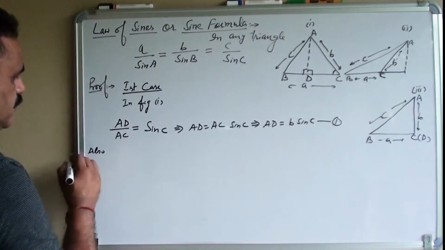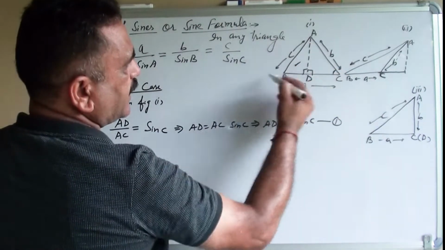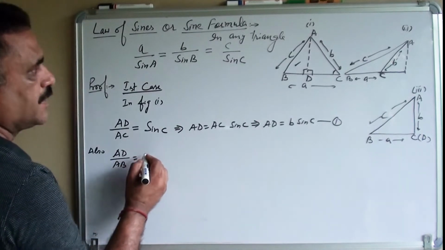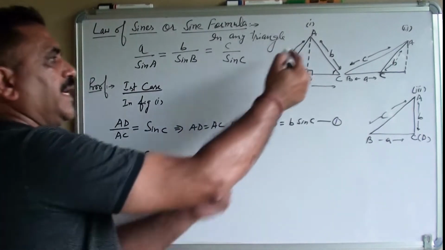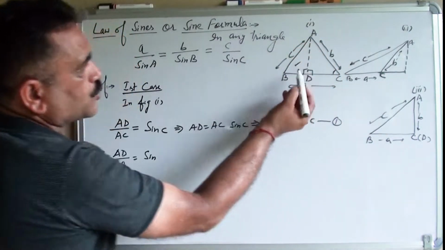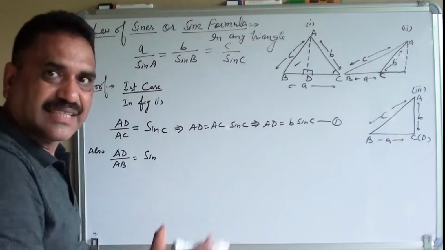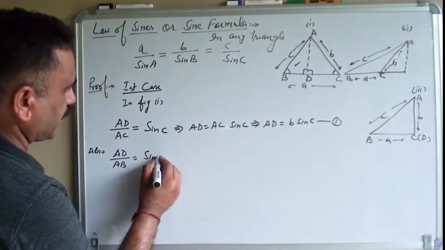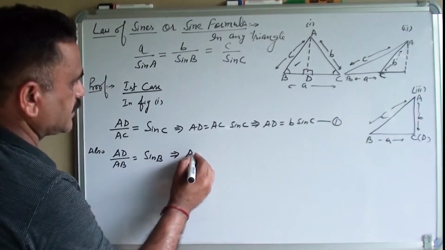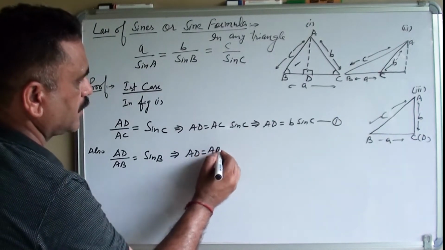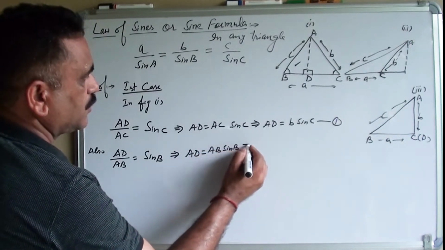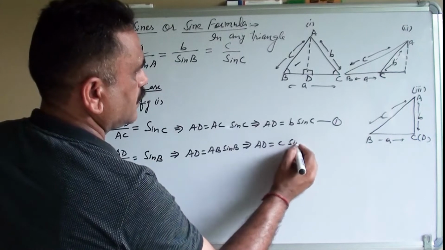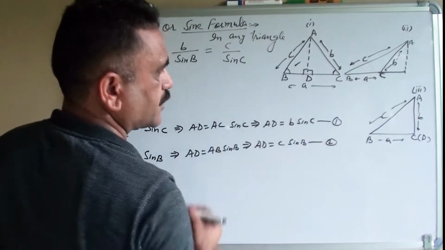Also, now in this triangle ADB, AD upon AB is equal to sine of the angle, again this is the perpendicular and this is the hypotenuse. So perpendicular upon hypotenuse is the sine ratio, but the angle is B. So sine of B. This implies AD is equal to AB sine B, so AD is equal to c sine B. That is equation 2.